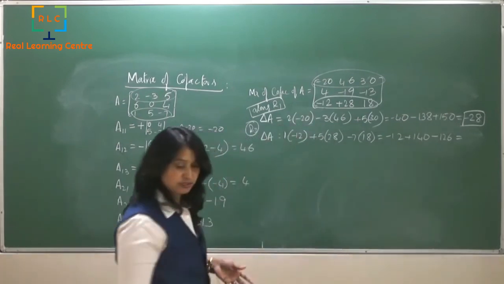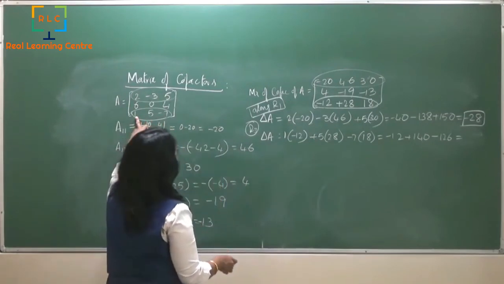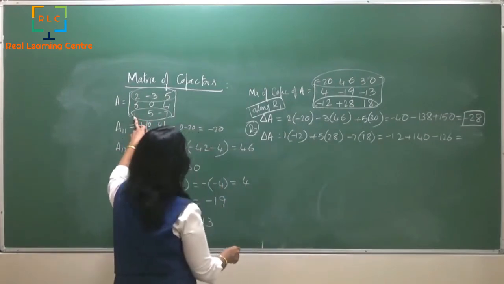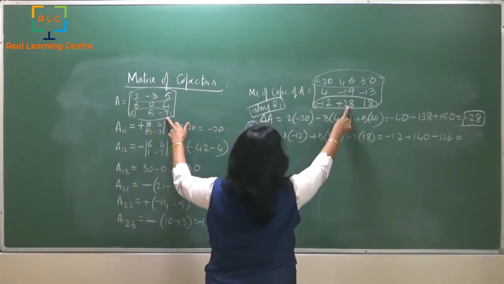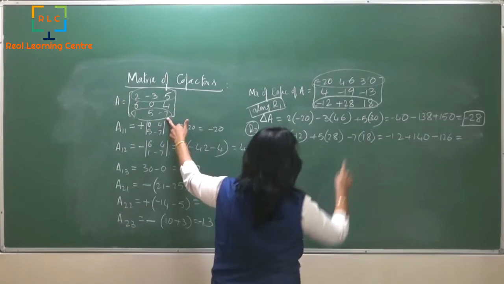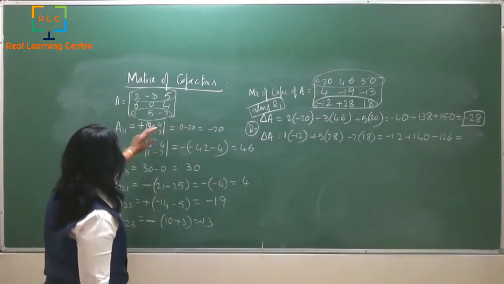Something has gone wrong here. Okay, let us check out R3, row number 3 and row number 3 cofactors. 1 into minus 12 is minus 12, then you have 5 into 28, then you have minus 7 into 18. So let me check the cofactors.